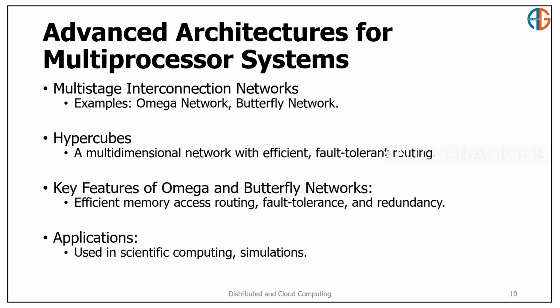Number 2, hypercubes, a multi-dimensional architecture where each processor is connected to multiple others, providing efficient communication and fault tolerance. These architectures are often used in scientific computing and simulations, such as modeling the behavior of molecules in chemistry or physics.